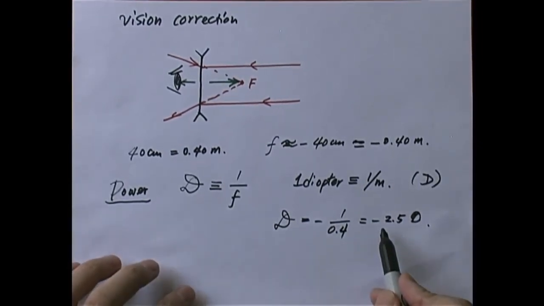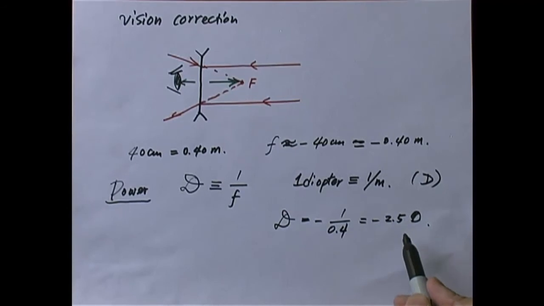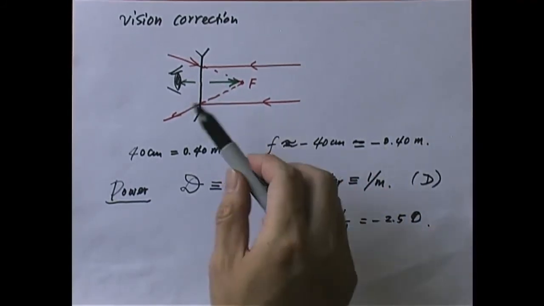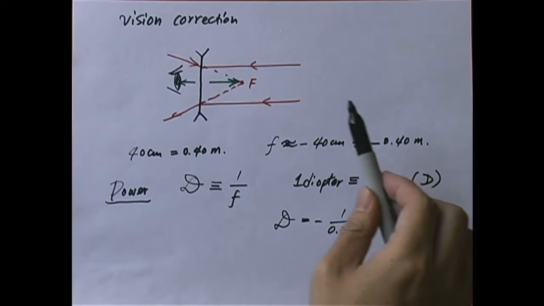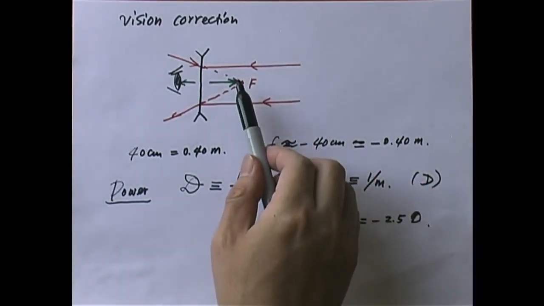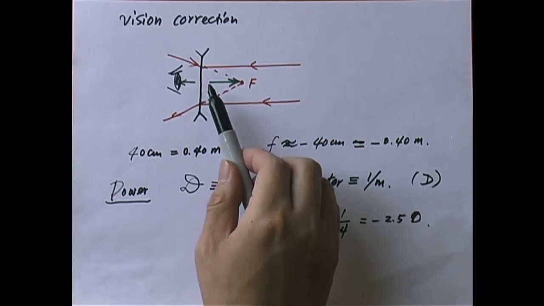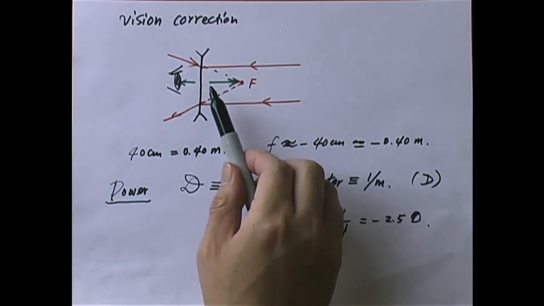If you see in your prescription that the lens is negative 2.5, or sometimes 250 depending on the unit they use, that means the focal length is negative 0.4 meters, and what that means is that you can see an object placed up to 40 centimeters in front of your eye or closer without any extra help.